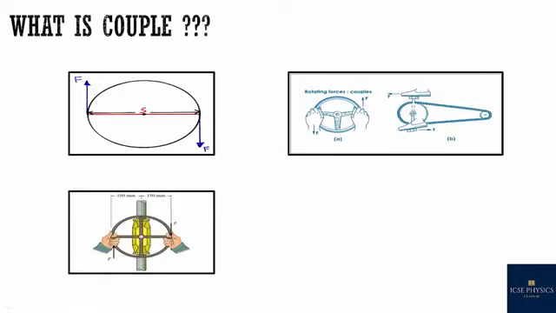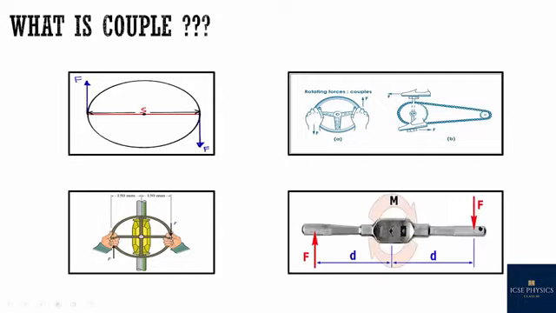So for a turning effect, a pair of forces always acts, and the pair of forces which are equal and opposite and parallel to each other and don't act in the same line is a couple. Similarly here, forces are being applied. Here we apply one force and another force is exerted here, the reaction force.